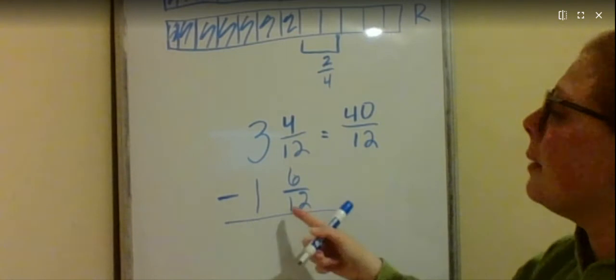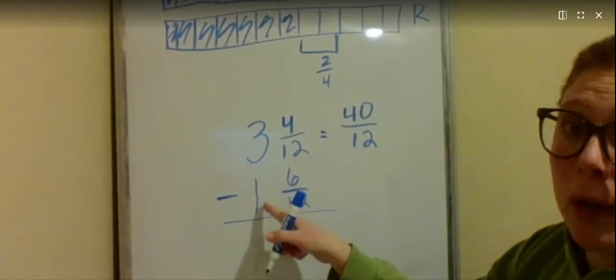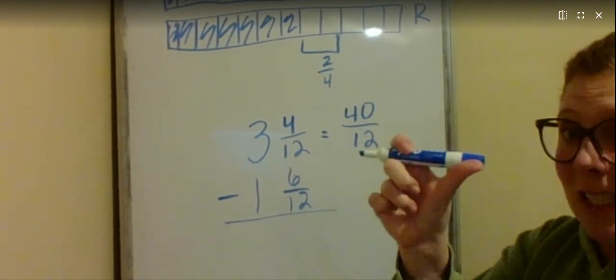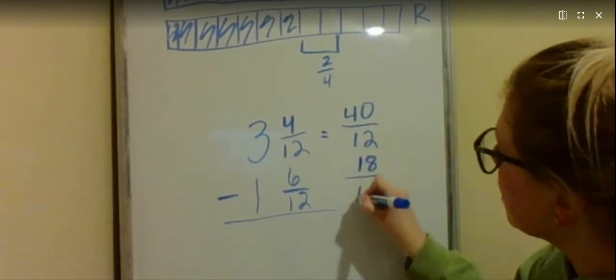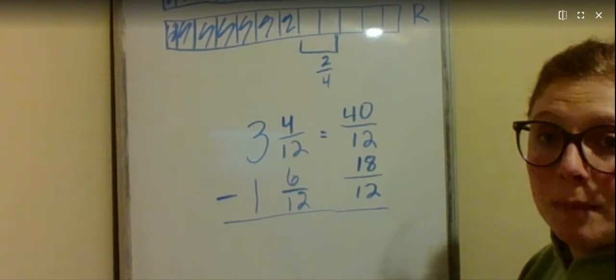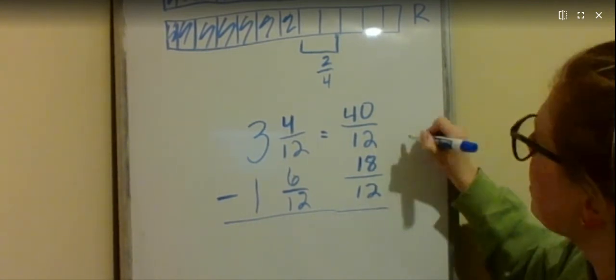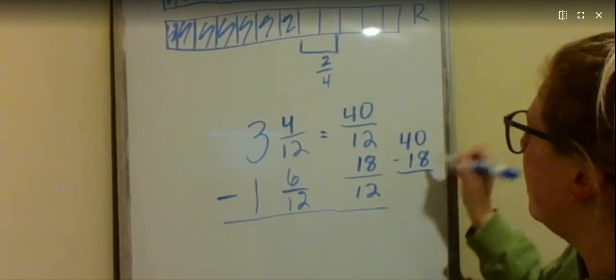I'm going to do the same thing to the bottom one. 12 times 1 is 12, 13, 14, 15, 16, 17, 18. So 18/12. And then I could just do my normal subtraction. 40/12 minus 18/12. Well, you could do 40 minus 18 over here on the side, right?